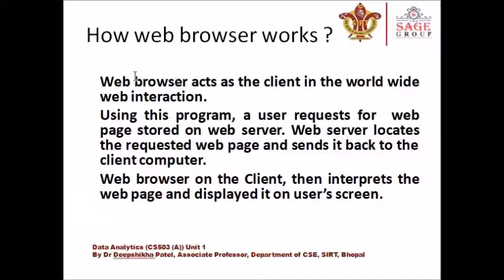With the help of a web browser, a user can type any URL, any web page address which he or she wants to access. The web server locates the requested page and sends it back to the client computer. The web browser on the client then interprets the web page and displays it on the user's screen.